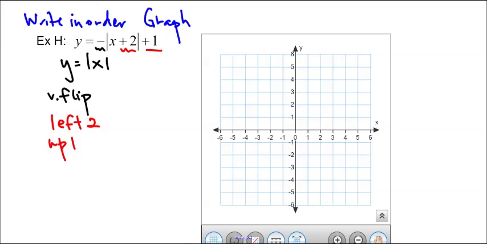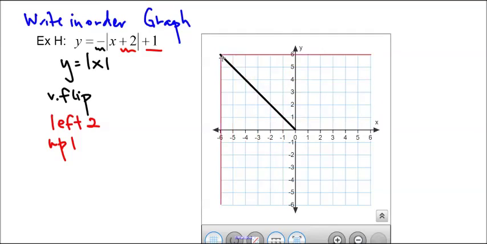So we're going to start with y equals absolute value x. I'm going to just draw that in there. That's totally wrong. Let's draw it again. Okay, there we go. And the other side of it. Okay, so that's y equals absolute value x. I think this is still wrong, isn't it? Sorry about that.